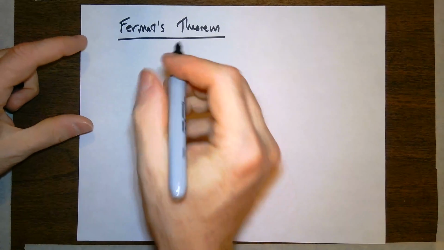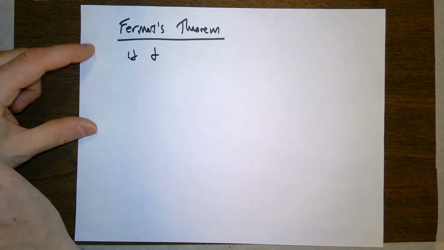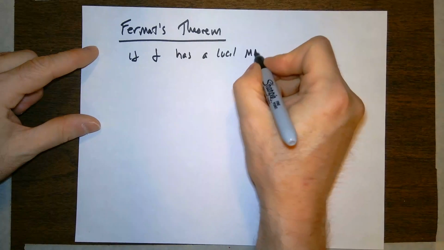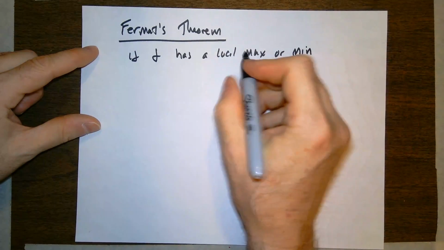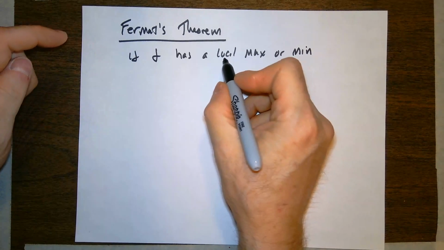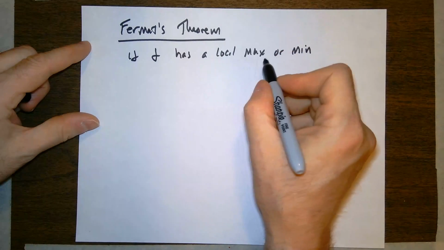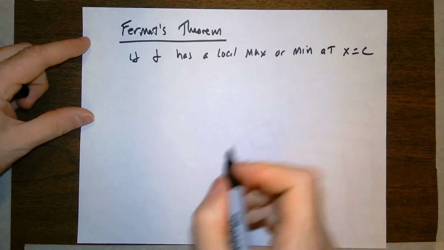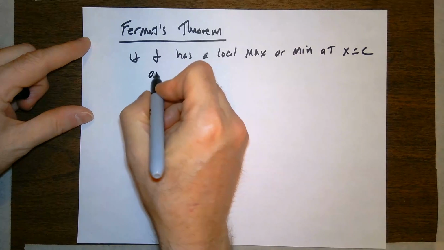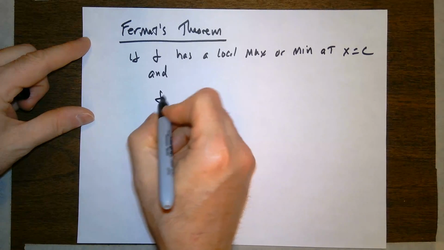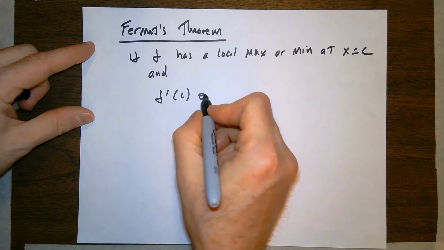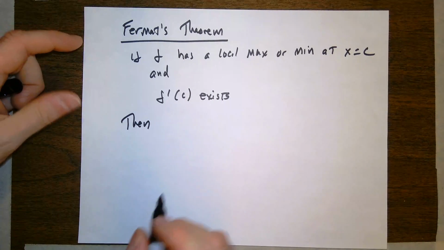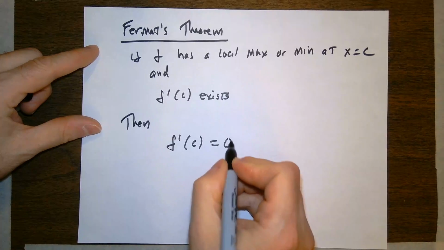Fermat's theorem says that if some function f has a local max or minimum, and of course that could be global as well, or absolute max or local minimum, at some point x equals c, and if the derivative at c exists, then, and you can guess what's going to happen here, the derivative at c has to be 0.